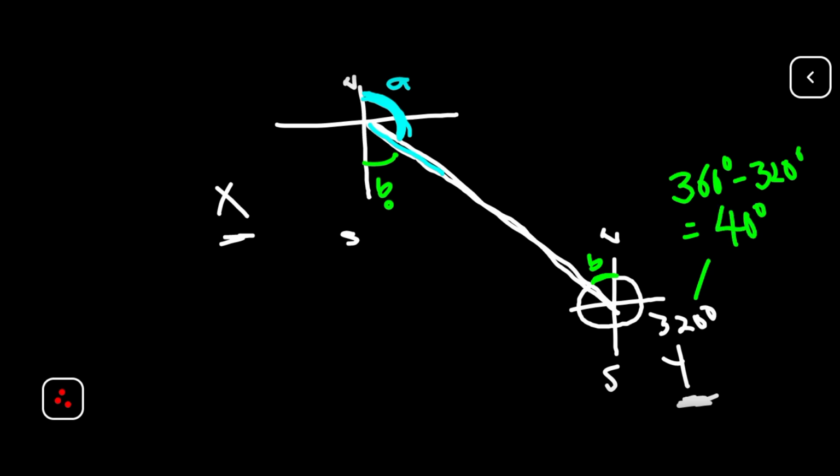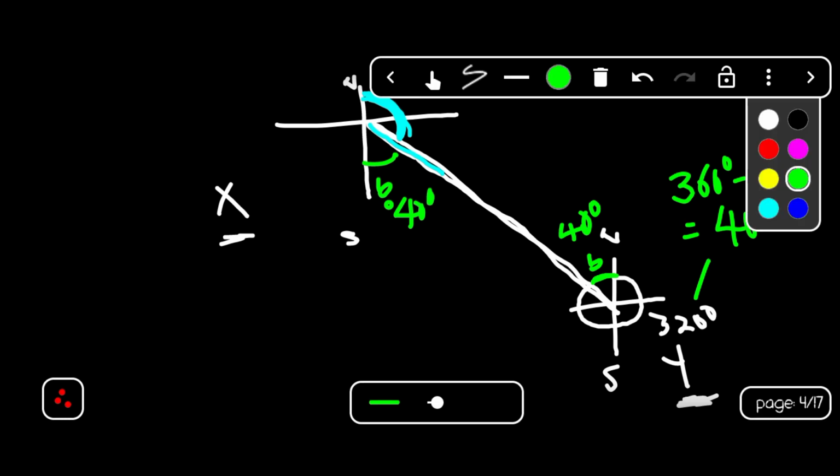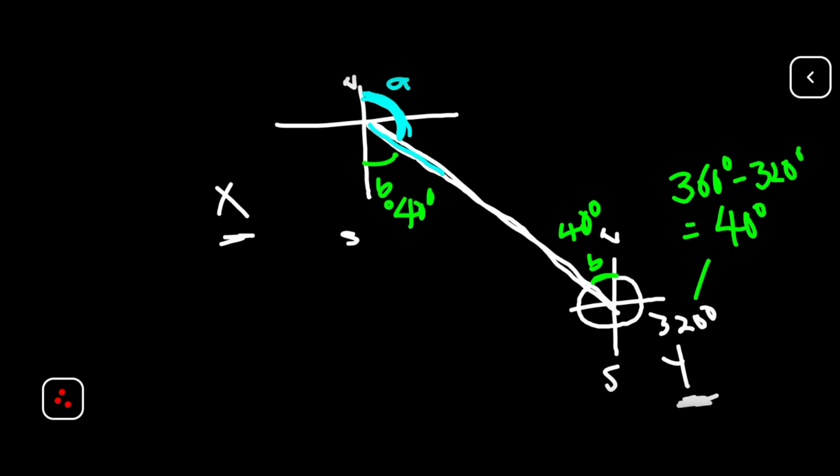Okay? So basically, if B is 40 degrees, that means here is also 40 degrees. And we know that this whole angle here is 180 degrees, right?